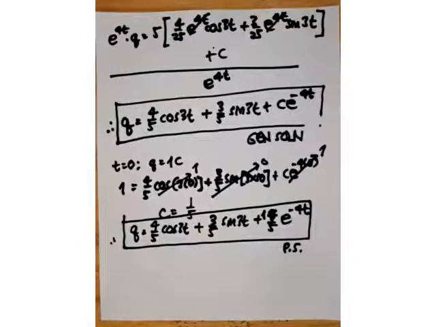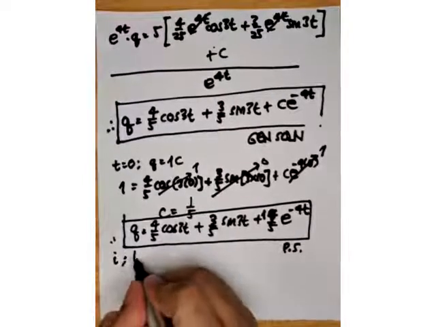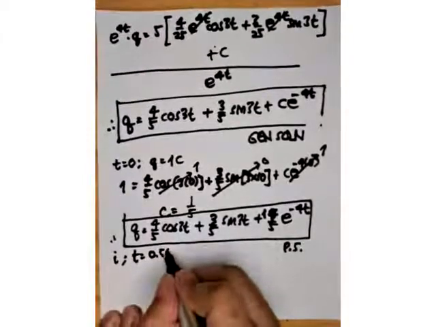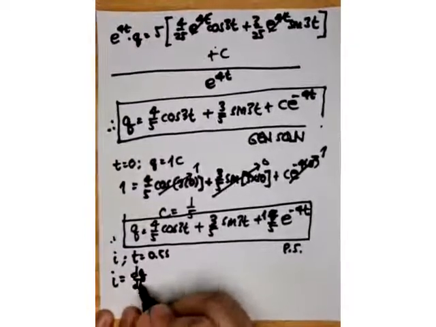But the question is, what is the current I when t is equal to 0.5 seconds? Remember, I is equal to dq over dt.